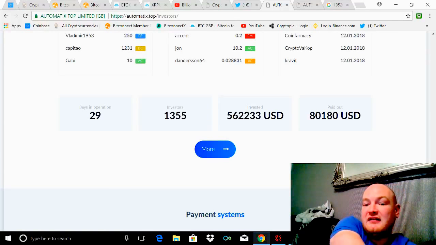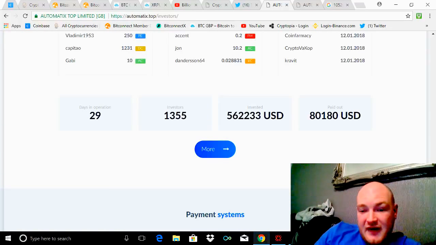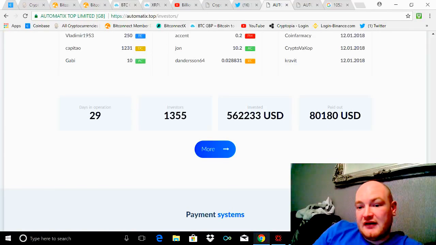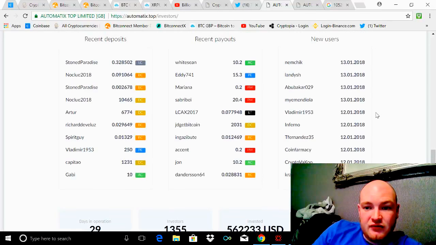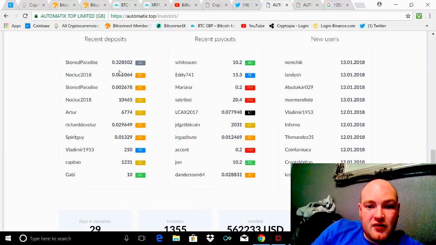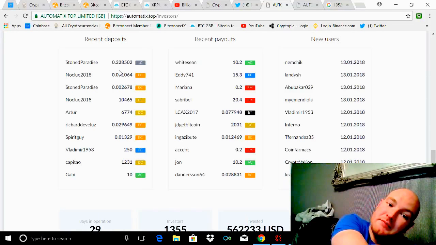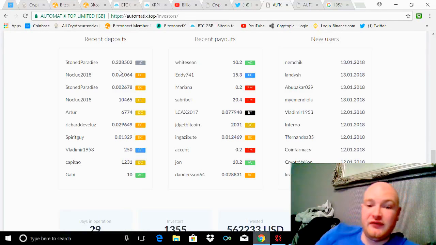As you can see, it's nearly 5.5 fold, and the total paid out is 80,180 USD. There's been a lot of new users coming onto this as new investors. The biggest amount of deposit I've seen is 1.5 Bitcoin, roughly about $20,000.